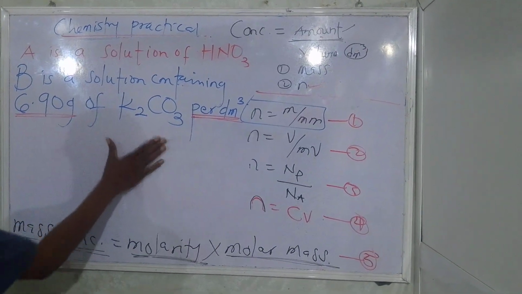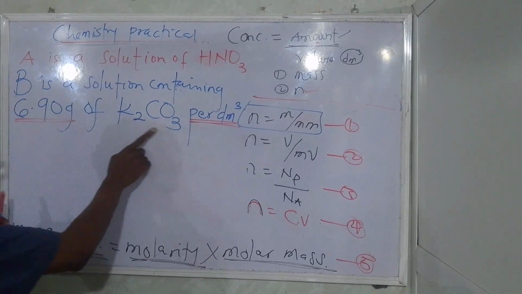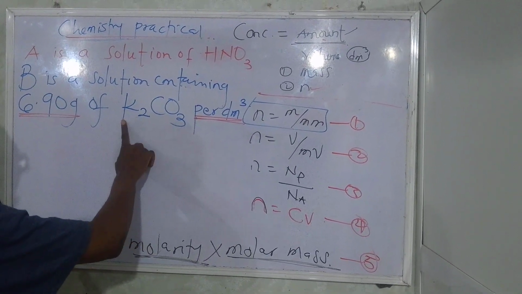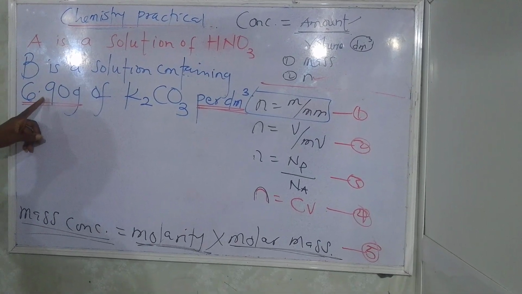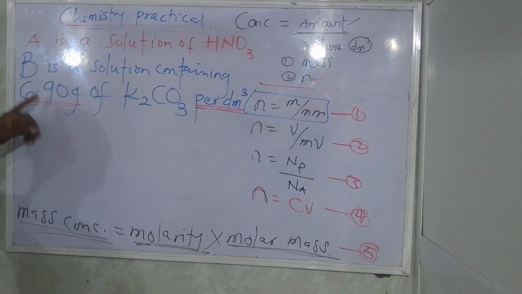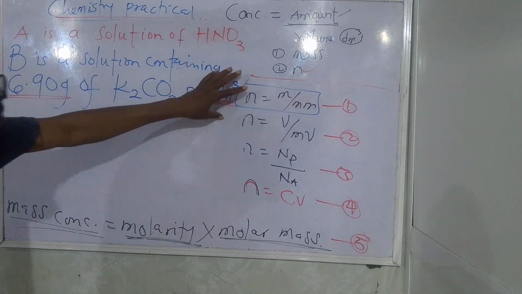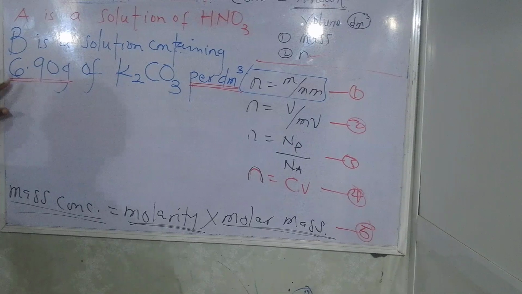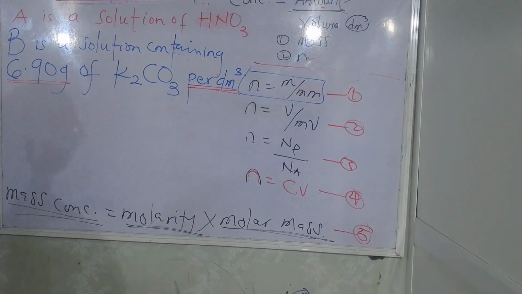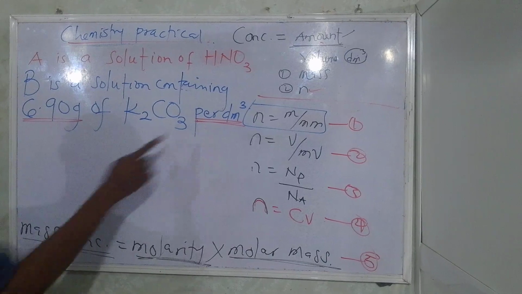So I have 1 dm cube of water, and I pour 6.9 gram of K2CO3, potassium carbonate, in it. They put a particular mass inside a volume, mass over volume. They have given me the mass concentration of B.